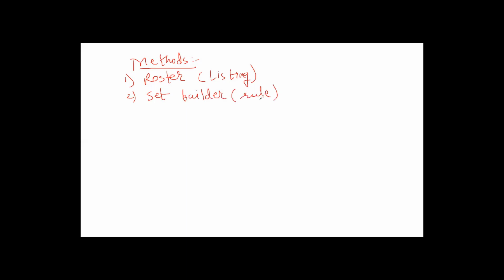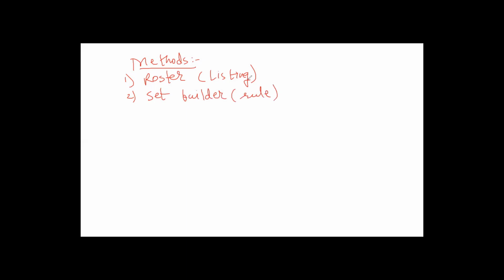Students, there are two methods of writing a set. The first is the roster method, also called the listing method. The other type is the set builder form, also called the rule method.